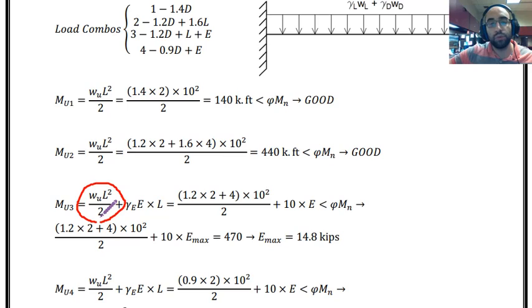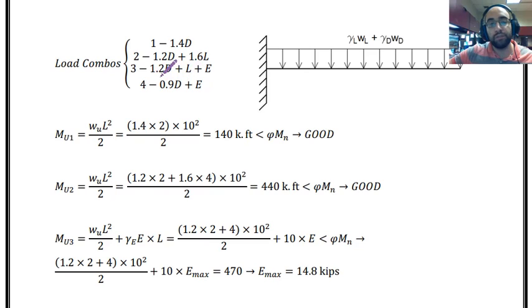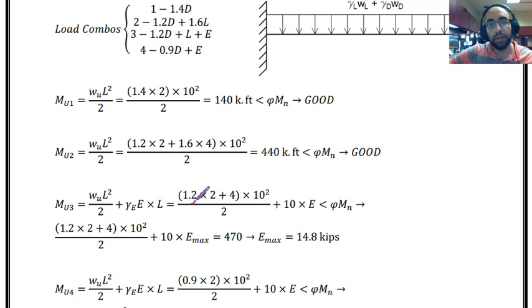WL squared over 2 is the moment because of distributed load, and then point load multiplied by length is the moment because of point load at the end of the beam. Load factors are included based on the load combination, 1.2 dead plus 1 live, and then the load factor for earthquake load is equal to 1.